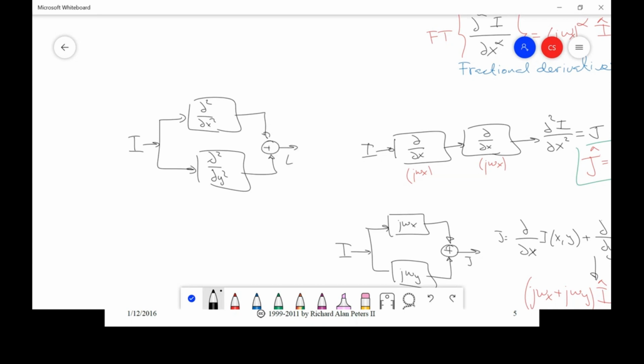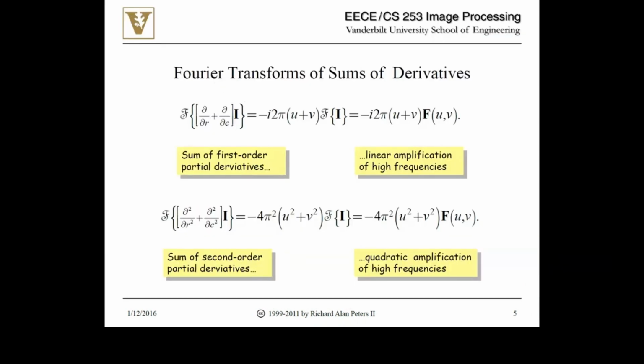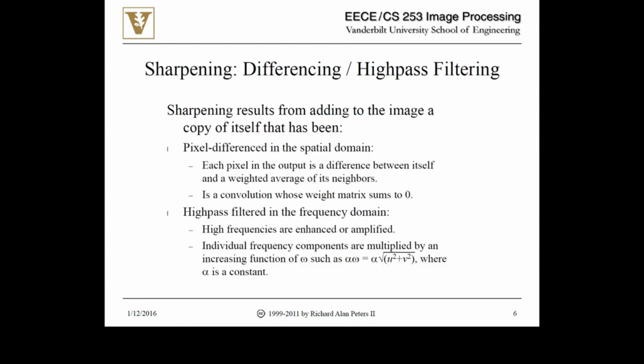This is called the Laplacian of I. It is an operator that appears very often in images. Okay, so here we have it. Okay, good.